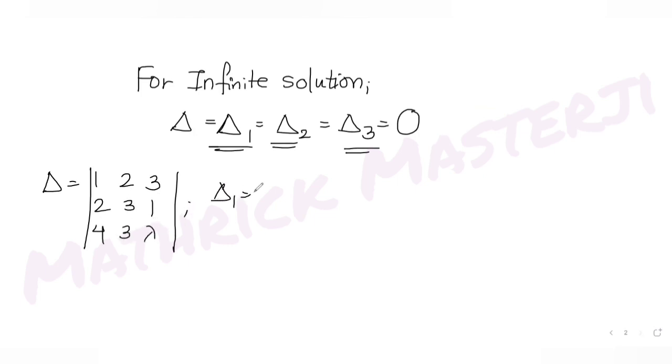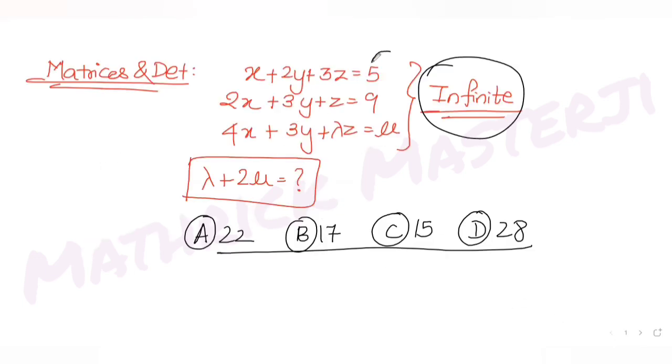If I find Δ1, that basically means you are removing the coefficients of x. You write the coefficients of y and z as they are, but instead of the coefficients of x, you write the constant numbers that are present: 5, 9, and μ.